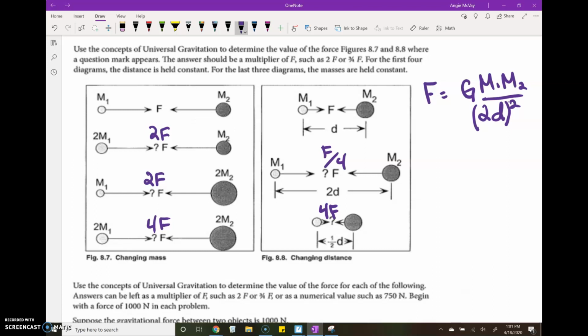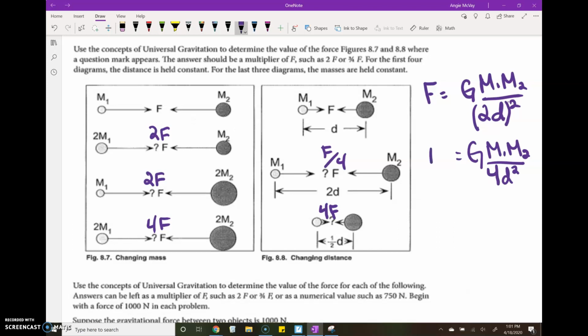So what happens is you get G M M, whoops, that's a 2, over d squared, but also that 2 is squared, and that turns into a 4.